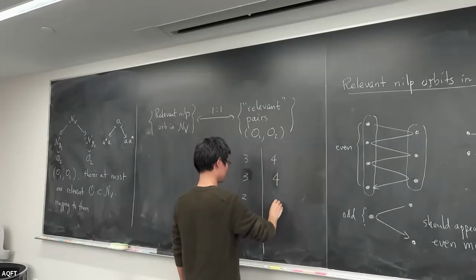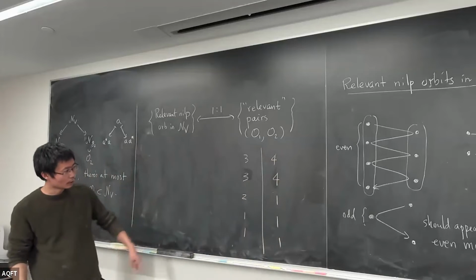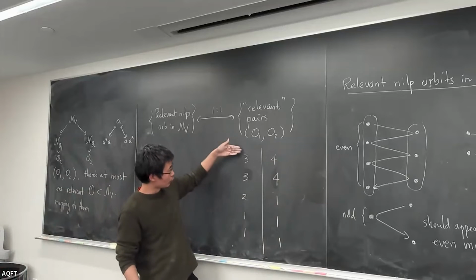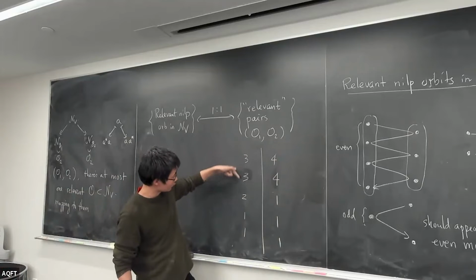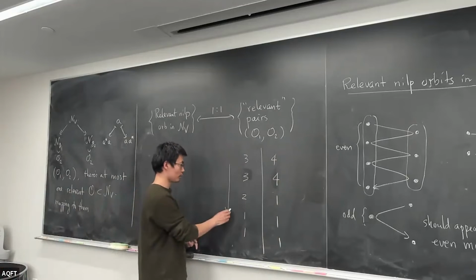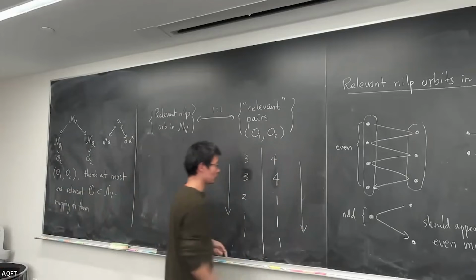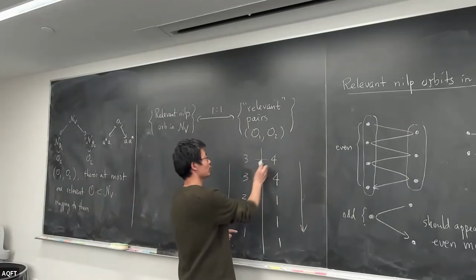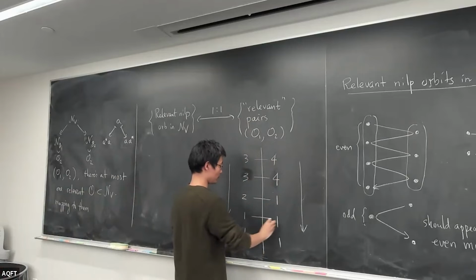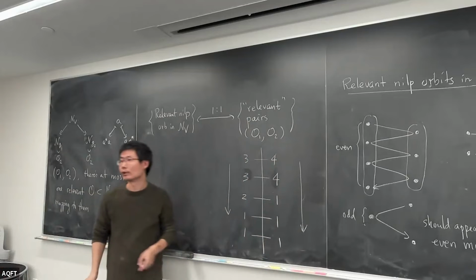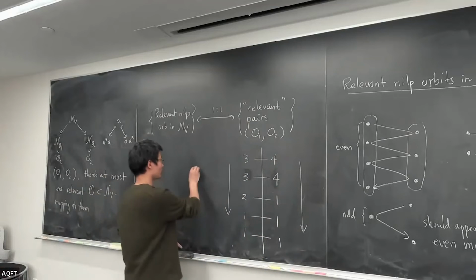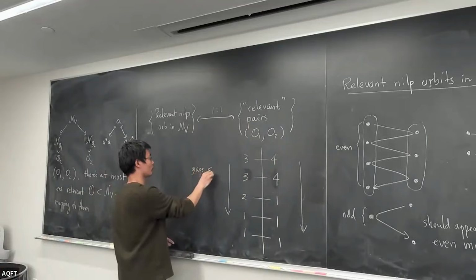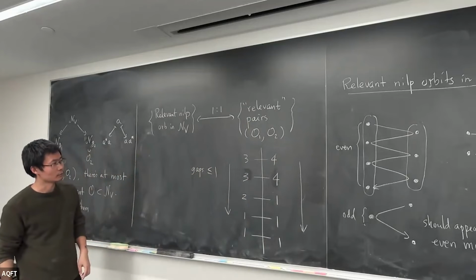So that just gives an example. So you write the size of the Jordan blocks in decreasing order, O1 and O2, and the relevance condition is just saying the corresponding pairs of numbers, the gap is never bigger than 1. That's the relevance condition.